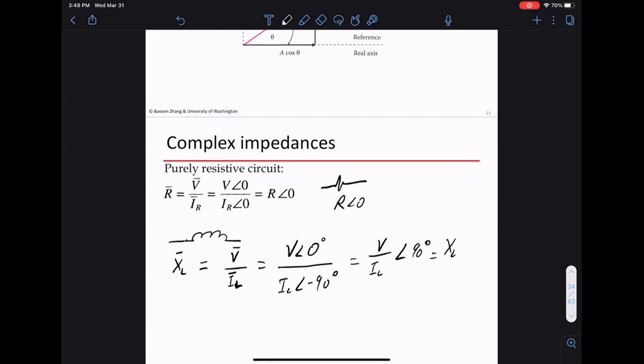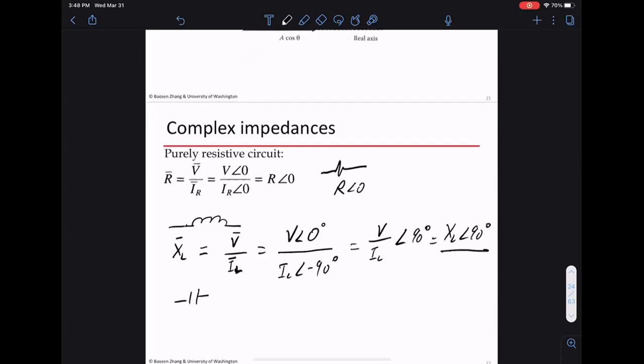This is XL angle of 90 degrees. So the complex impedance of an inductor is a purely imaginary number. This is XL, 90 degrees.